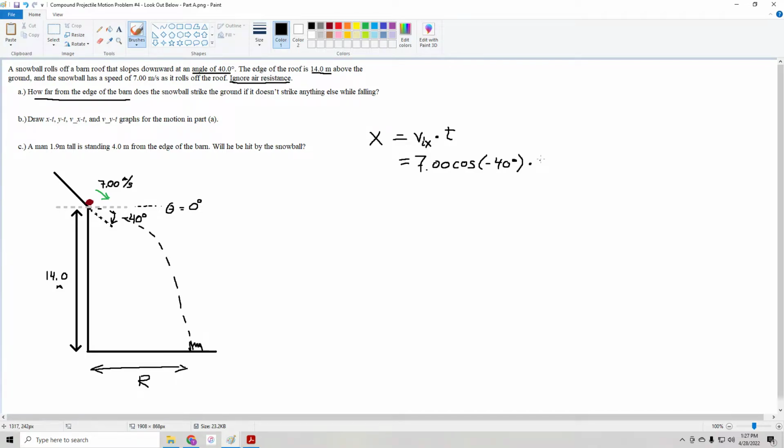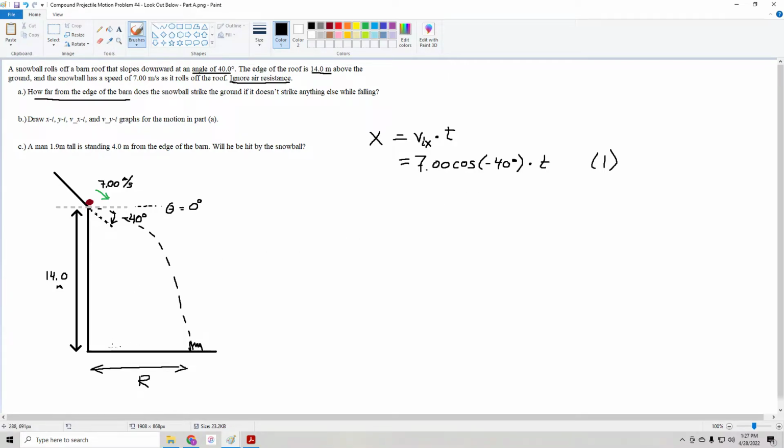However, we weren't given a time. So we'll label this as our first equation, and we'll have to use another equation to solve for a time and then plug this back in, and then we'll be finished.